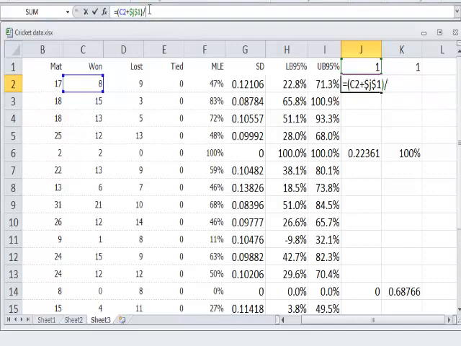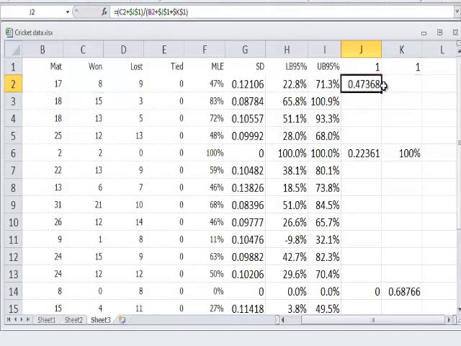And then I want to divide this by n, which is over here, plus J1 plus K1, parentheses.